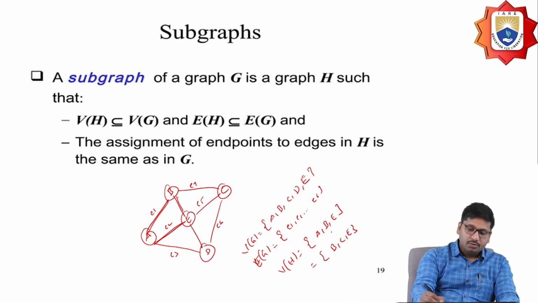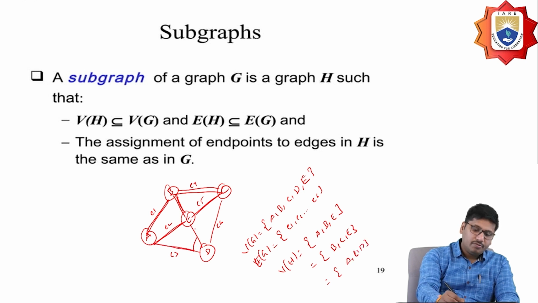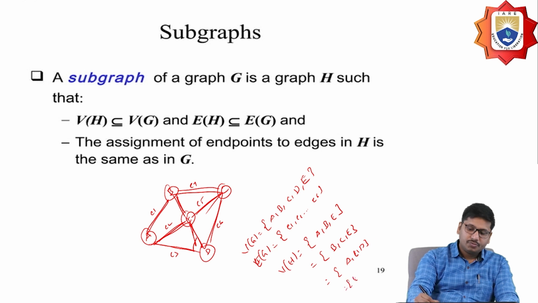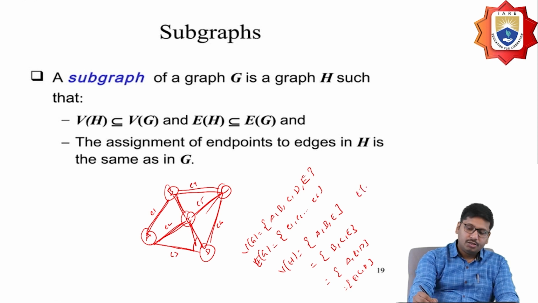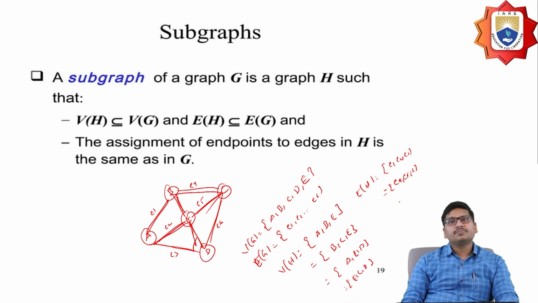Otherwise, E is also a subgraph of the graph. Otherwise, AED is also a subgraph of the graph. EDC is also a subgraph of the graph. And the edge set is also the same. So the edge set of H is given by E1, A2, and A3. Similarly, E4, E5, and then E6.